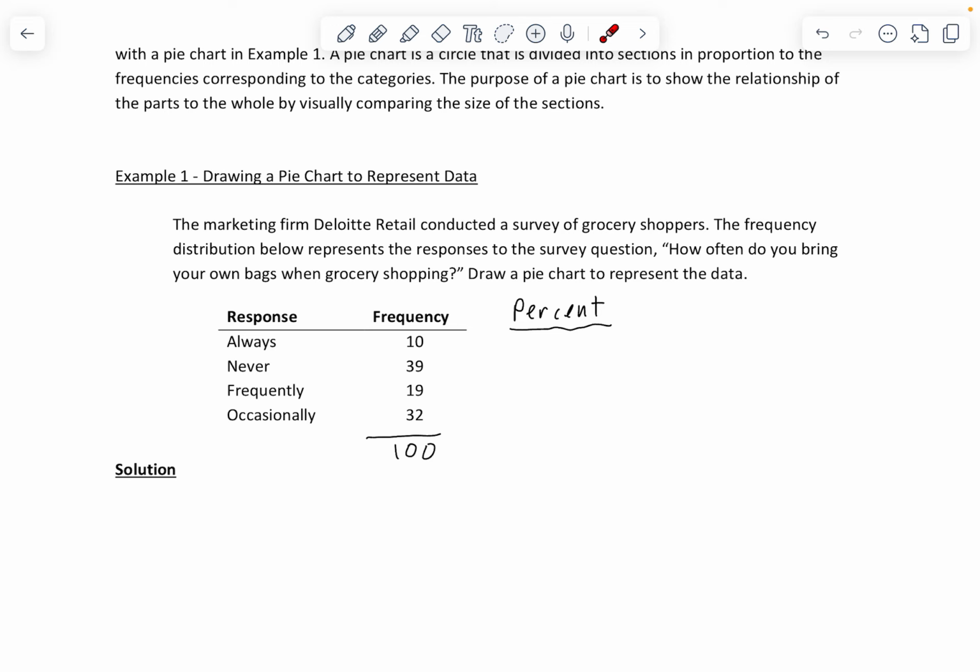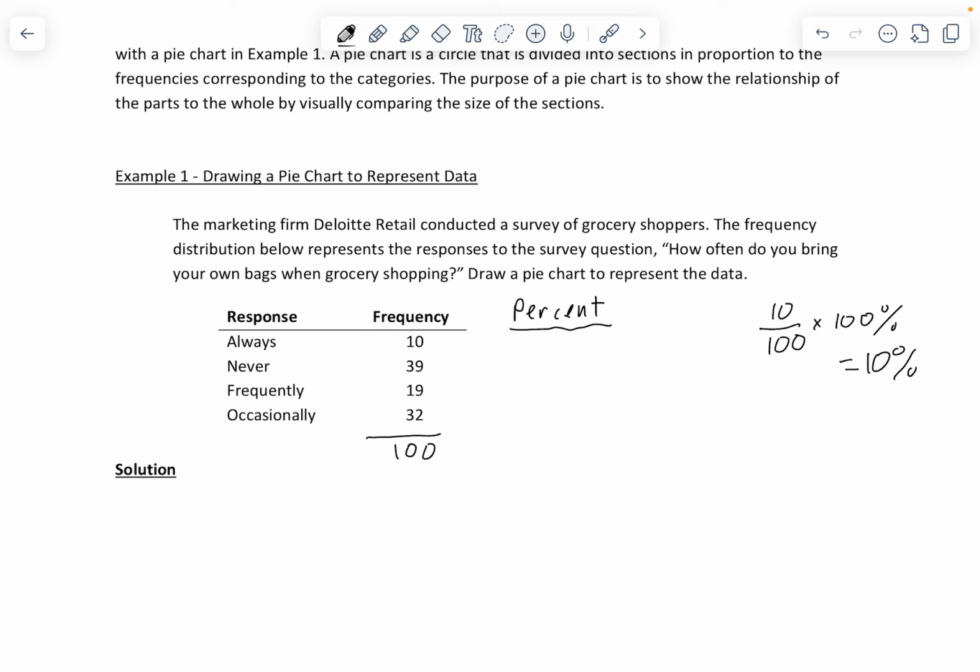But for the category always, you would take the 10, you would divide that by 100, and you would multiply that by 100%. These are easy because the denominator here is already 100, so this is going to work out to be just 10%. Okay.